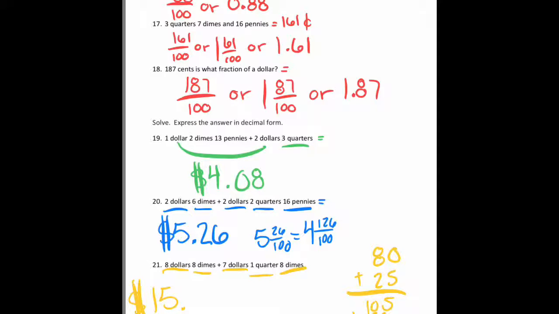Plus those 8 dimes, which will be 80 cents, and if I add that, I'm just going to put it off to the side. I'm going to end up with 15 and 185 hundredths. Well, that doesn't make sense. I can't say $15 and 185 cents. So really it would be $16.85 when I take out that dollar. So what my decimal should look like is 16.85.